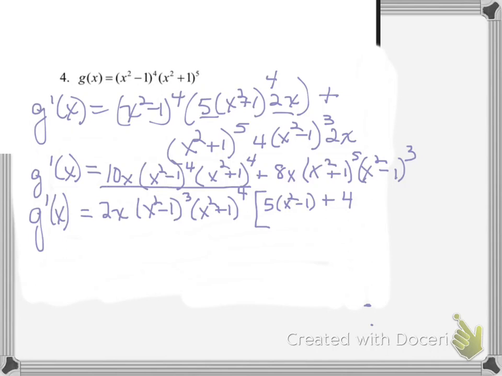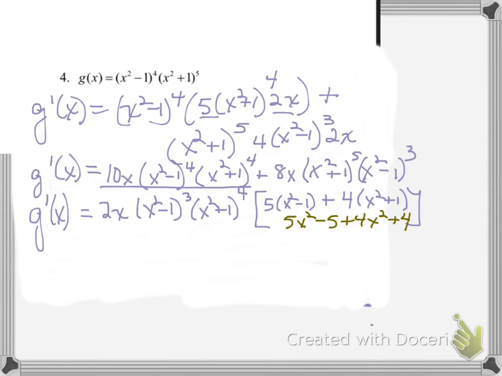I have x squared minus 1 to the 3rd, so I already have that, and I need one more x squared plus 1. So now let's clean this up: 5x squared minus 5 plus 4x squared plus 4. I had to distribute that carefully.